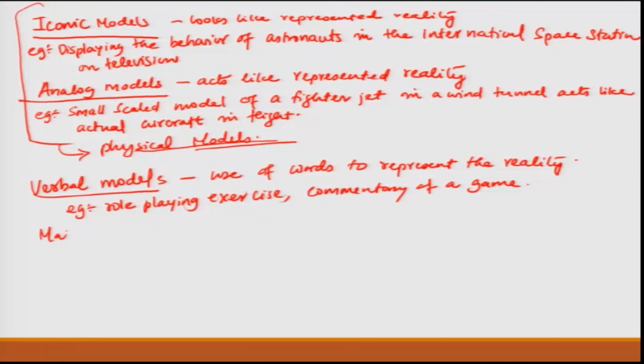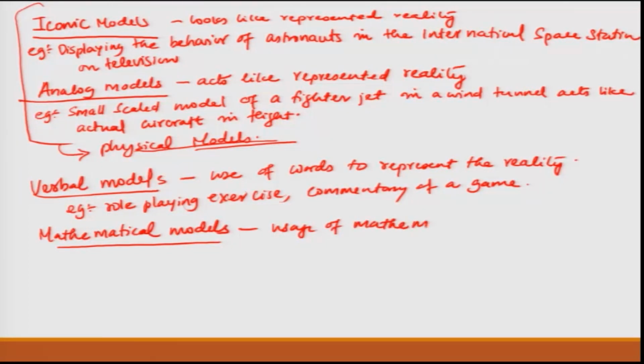Then let us talk about the last one, which is called a mathematical model. Mathematical models mean the usage of mathematical symbols, numerical symbols, to represent reality. Okay.